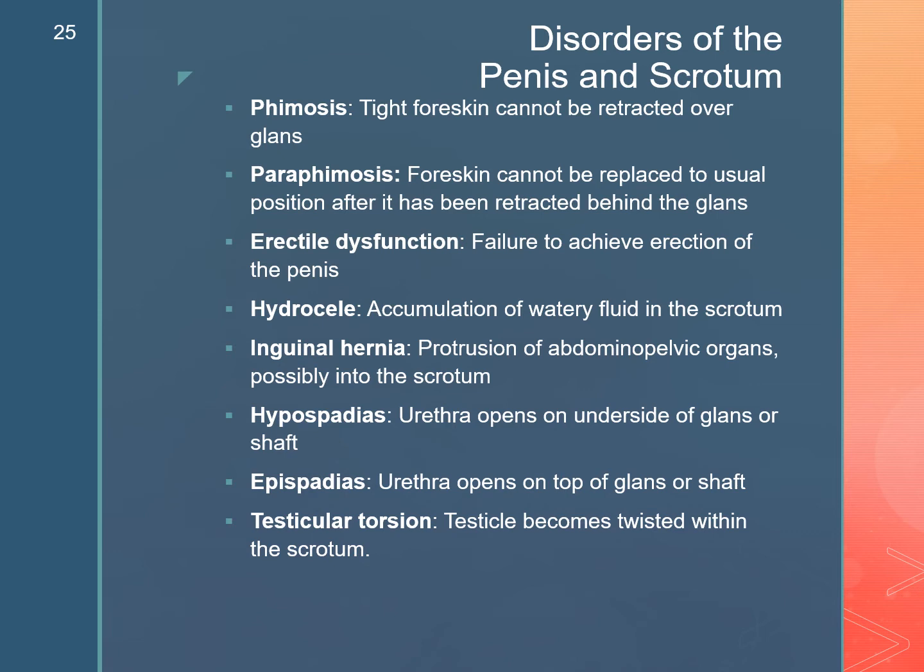Epispadias is an opening of the urethral meatus on the top of the glans or the shaft of the penis. And these are typically genetic, congenital abnormalities. And then lastly, testicular torsion, which is when a testicle becomes twisted within the scrotum.